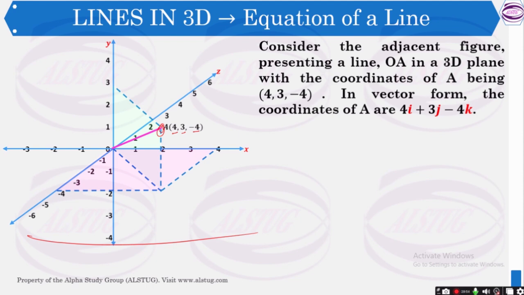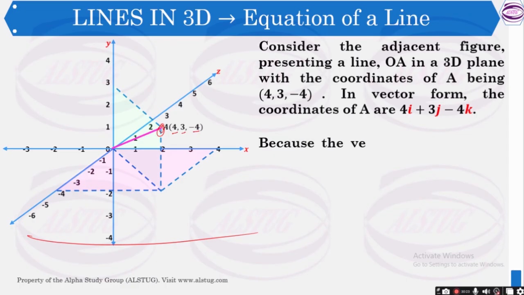And then you also have a 3 on the y. Take note that all of these angles are perpendicular, because the x, y and z axes are all perpendicular to each other.